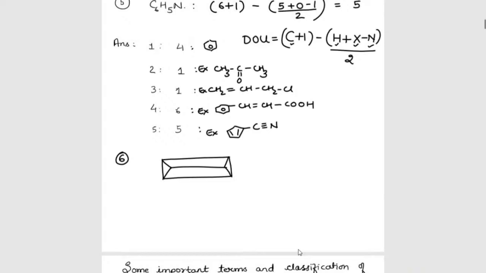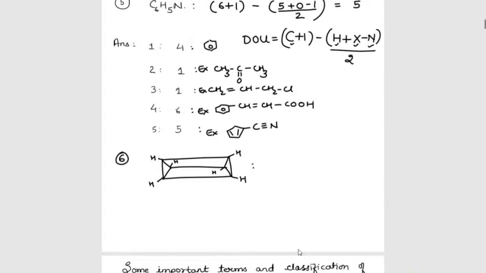So how do we do it? For such cases, the best method I would say is to write hydrogens wherever required. I think this is 3 valency, so 1 hydrogen required. This one also will need 1, 1 and 1.